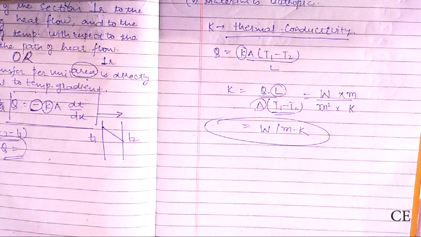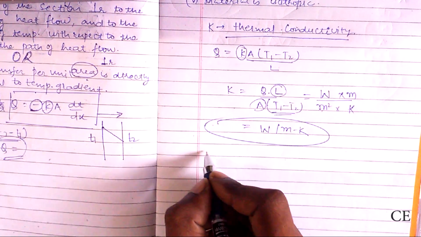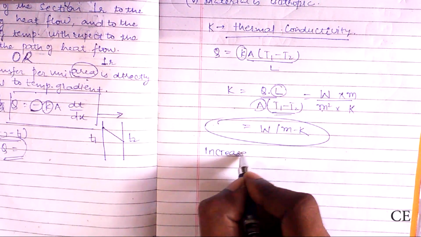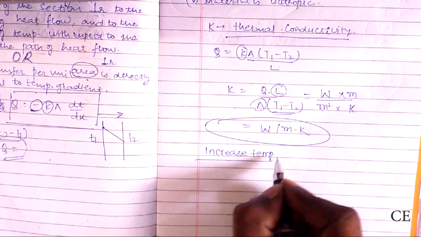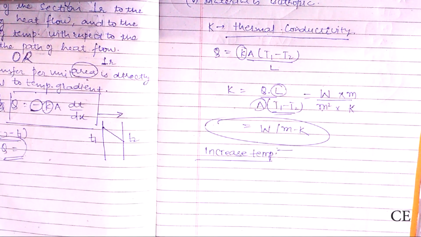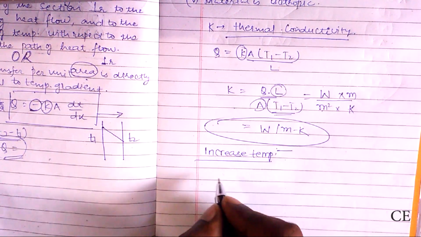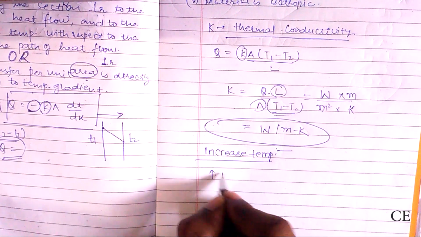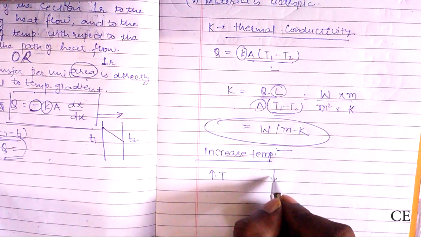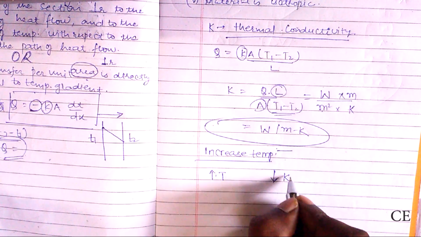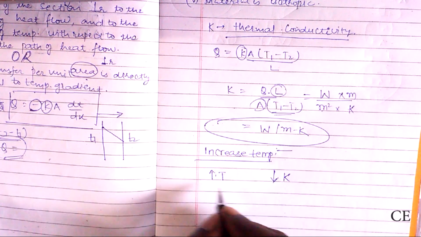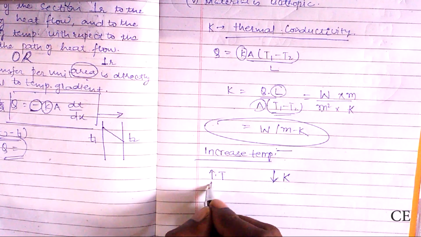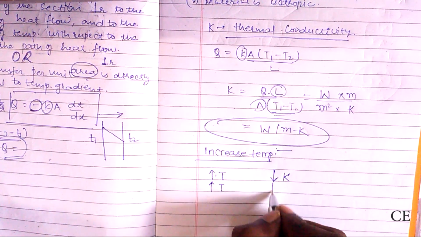Now let us see what happens to the thermal conductivity when we increase temperature. When we increase temperature, what happens to the thermal conductivity of the materials? For metals, when we increase temperature, its thermal conductivity value decreases. We will explain it later in the same video. For non-metals, when we increase temperature, its thermal conductivity increases.